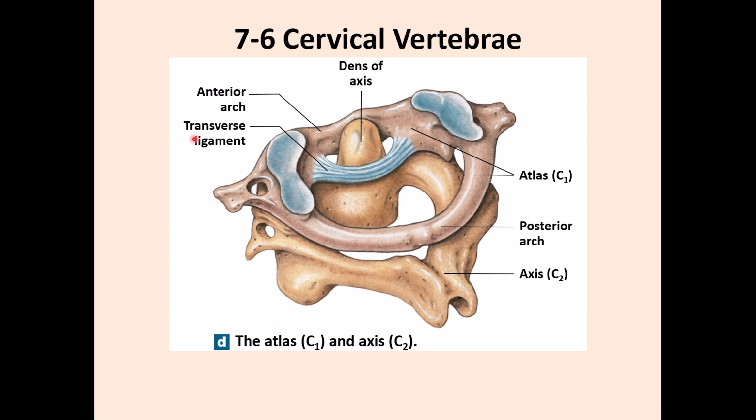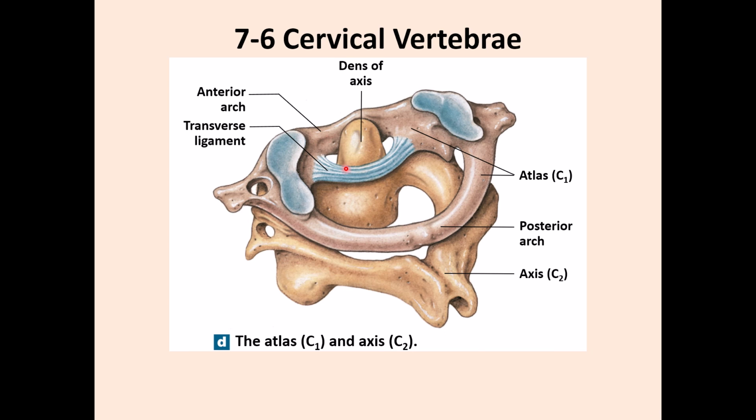You also have the transverse ligament here, which I will come back to. The axis, C2, has a vertebral body, and the vertebral body has a bony projection called the dens of the axis. The dens is located posterior to the anterior arch of C1, and the transverse ligament is located behind the dens.